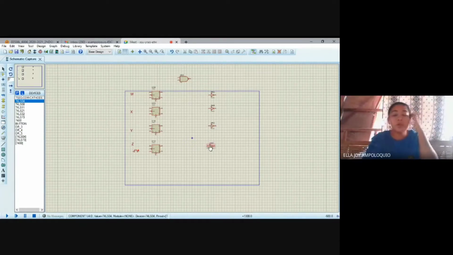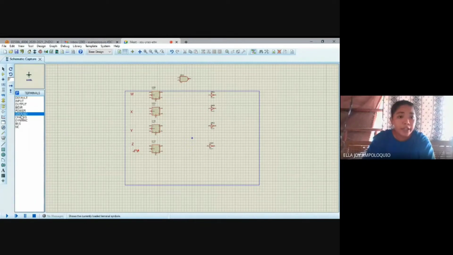So now after putting these hex inverters, I will connect first the button and the flip-flop to the hex inverters and to the NAND gate. First I will put the ground for the button, here.